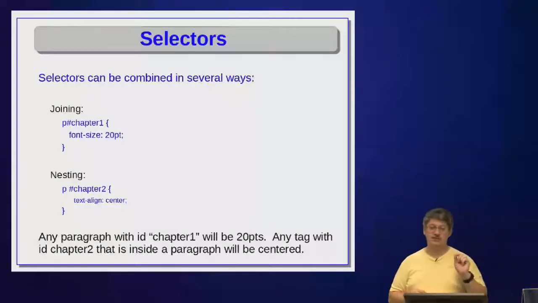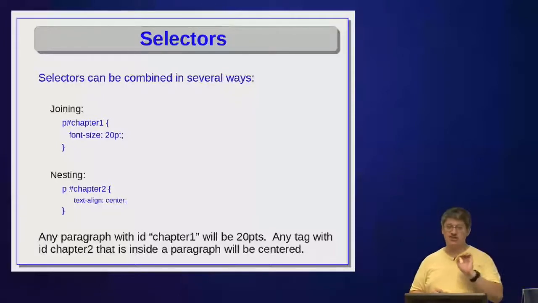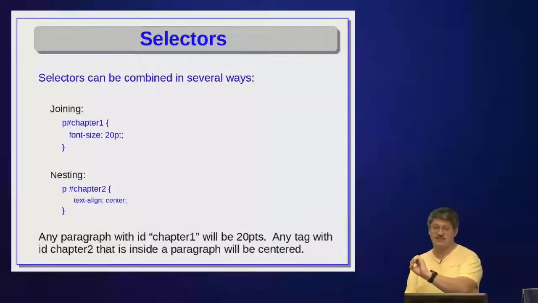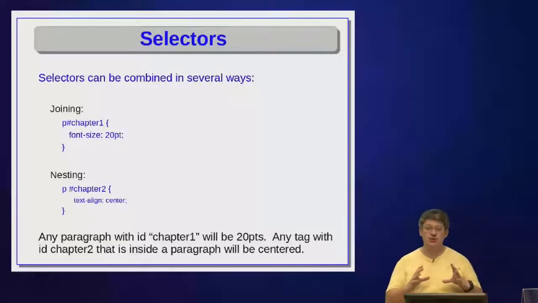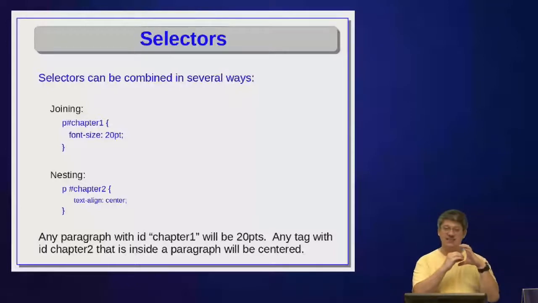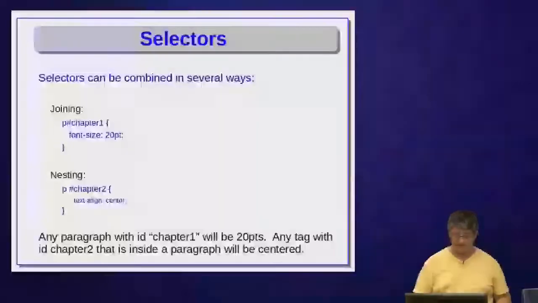So in the first example, P hash chapter 1, it's only going to apply to tags that are paragraph tags that have their ID set to chapter 1. In the second case, I have to have two tags, one nested inside the other. One that has ID chapter 2 that's inside a tag that's a paragraph tag.